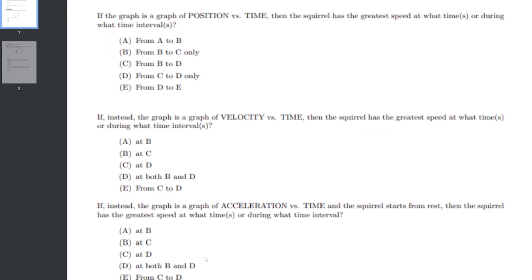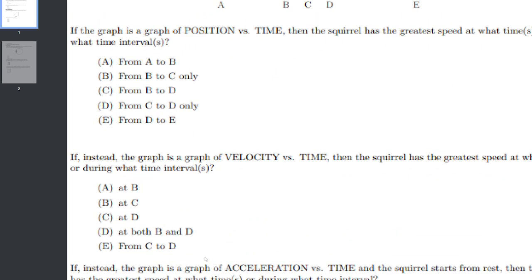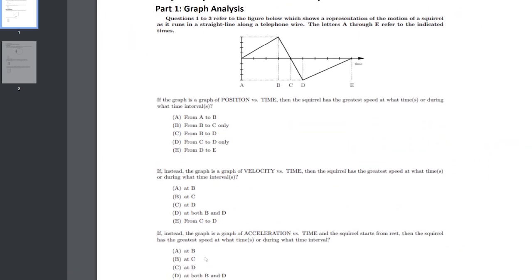Finally, if instead the graph is a graph of acceleration versus time, and the squirrel starts from rest, then the squirrel has the greatest speed at what time during what time interval? So remember that our acceleration is the derivative of our velocity. So if we're going to find the greatest speed, we're going to have to take the antiderivative of acceleration and find the point where the velocity is the greatest.